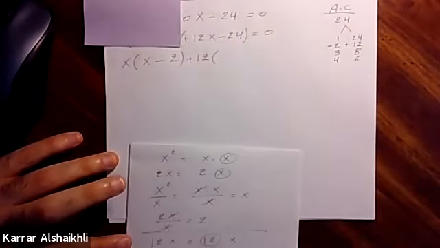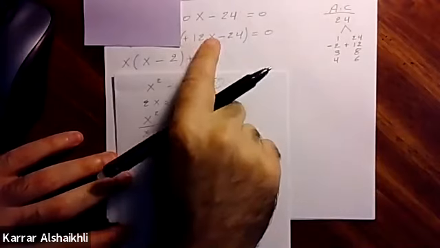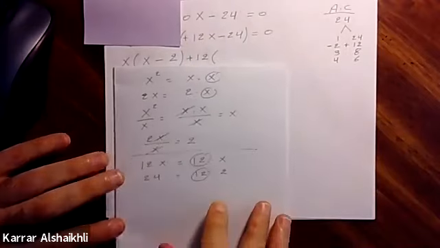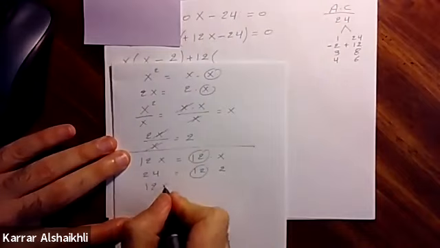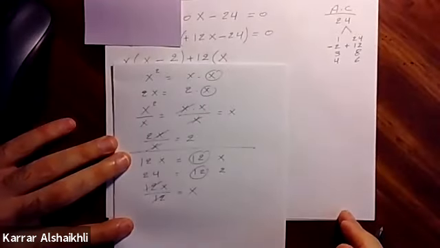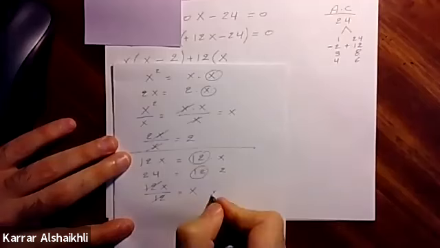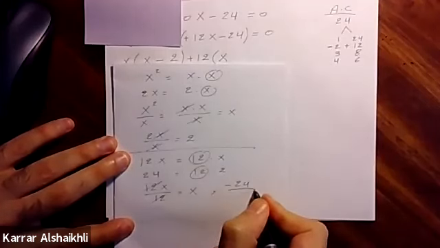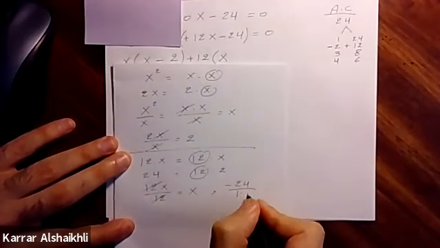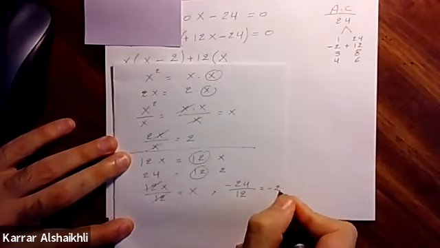Now I'm going to start to divide. 12x divided by 12, cancel the 12. The leftover is just x. Negative 24 divided by 12 is going to be negative 2.